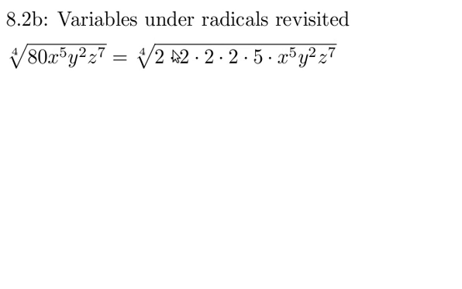Okay, so we have 2 times 2 times 2 times 2 times 5 times this mess over here. So we're looking for groups of 4. Since this is the fourth root, we're looking for groups of 4. So we have 4 2's. We only have 1 5, but we have 4 2's. So let's go ahead and cross out those 4 2's.